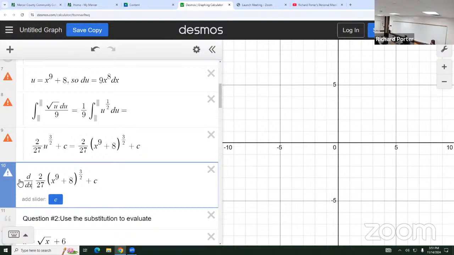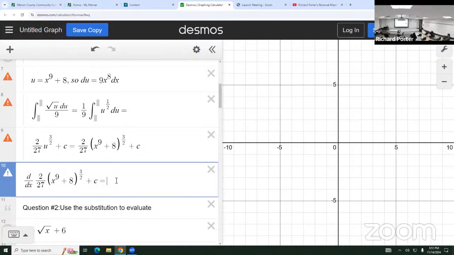You would take the derivative of the outside power. So what would the derivative of the outside power be? You'd have the 2/27ths, and you bring down the 3/2.